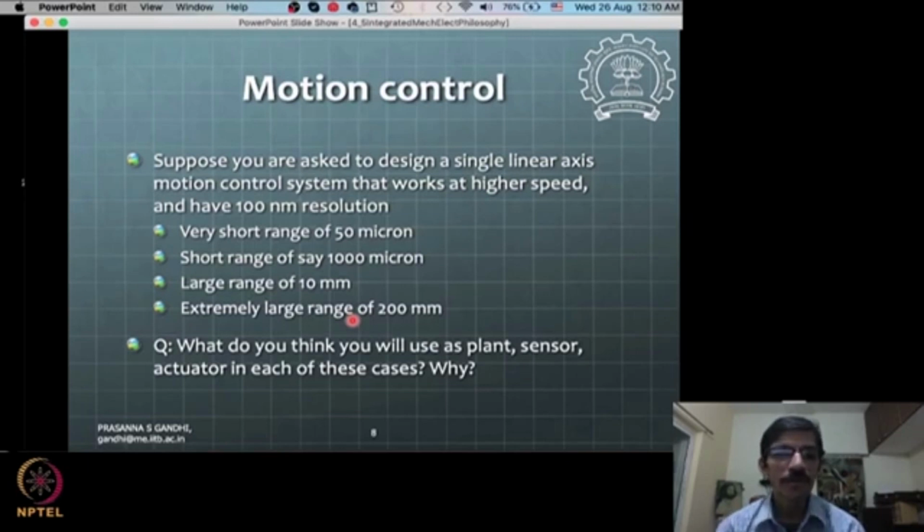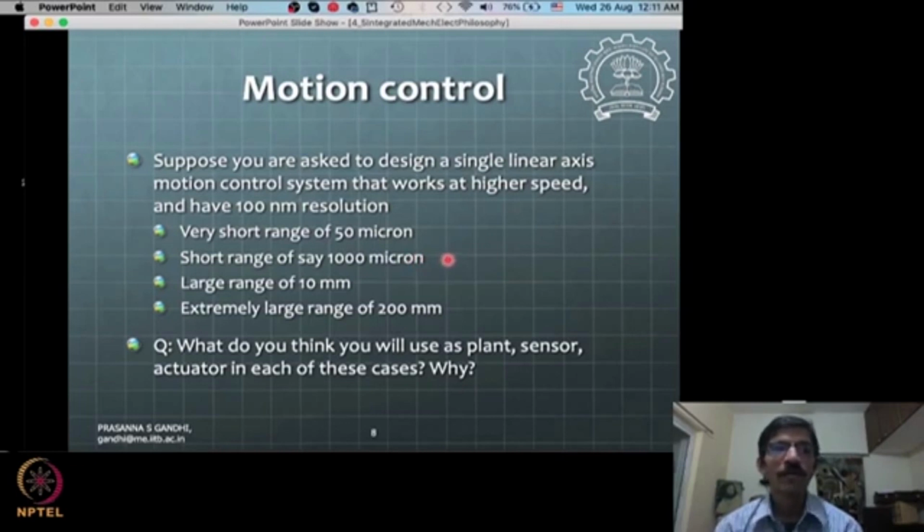In the CD-ROM, the compliant mechanism has maybe 1 mm, not even 2 mm, almost a 1 mm motion in the head. So only that much motion I want, then I will go for a compliant mechanism.